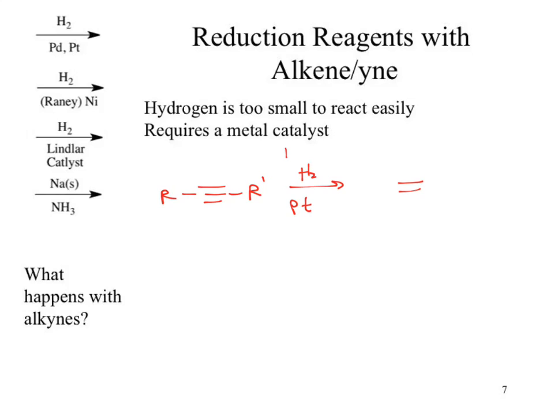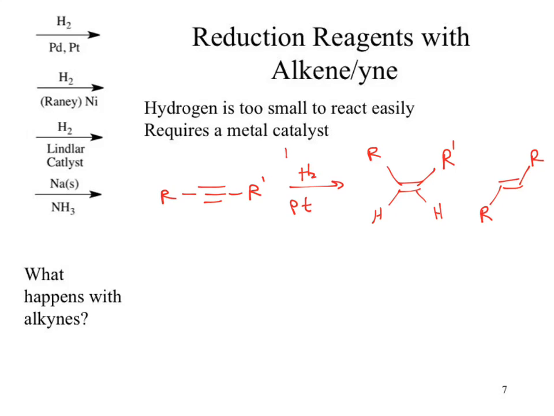I'm going to have a double bond. And I'll have an R prime, and I'll have an R, and I'll have my two hydrogens attached to it. Is that the only possible product? Could be the opposite. We run into an issue because what happens if we change the reaction around? We could end up with the trans alkene.